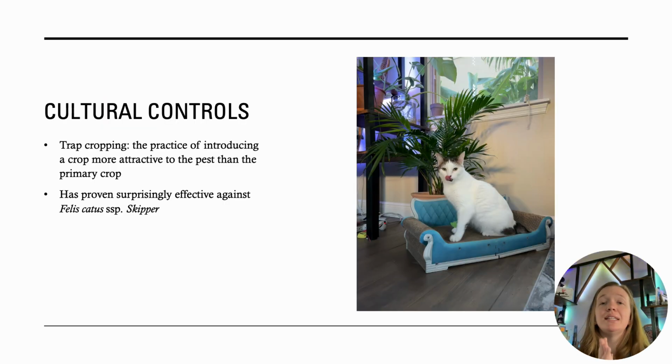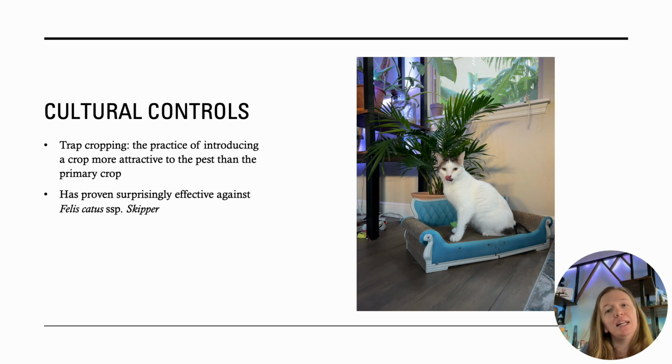Cultural controls. Now, this is actually one of the most effective methods I have found in your solid IPM plan for addressing subspecies skipper. Trap cropping. Trap cropping is introducing a variety of plant that is more enticing to the pest than the actual crop that you want to preserve. In this case, this is a cat palm. Totally coincidental name of the palm, but it is fully non-toxic to this particular pest.